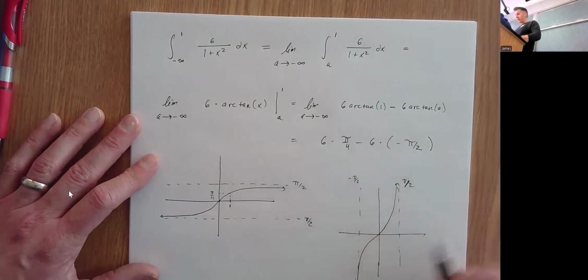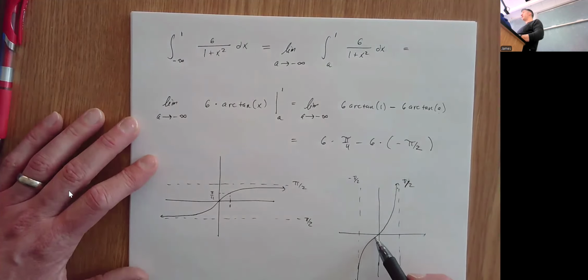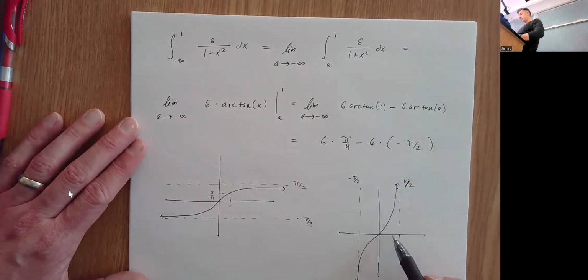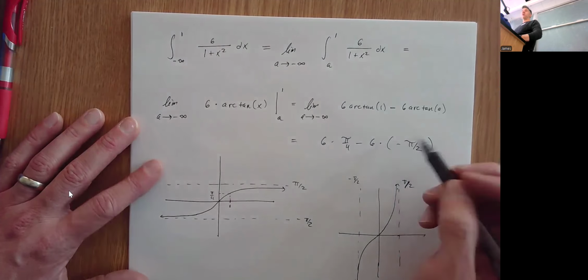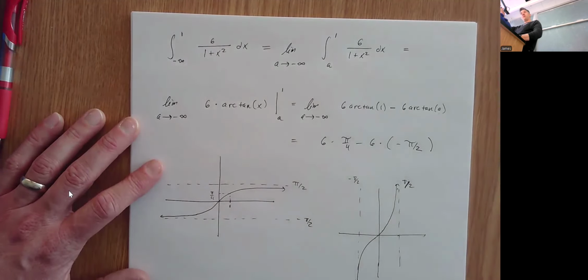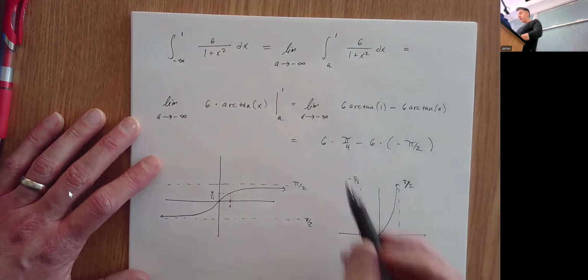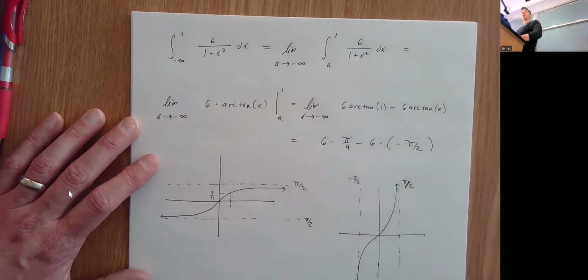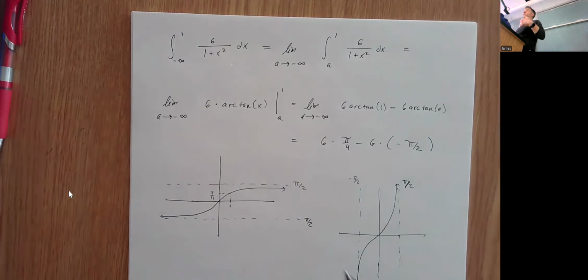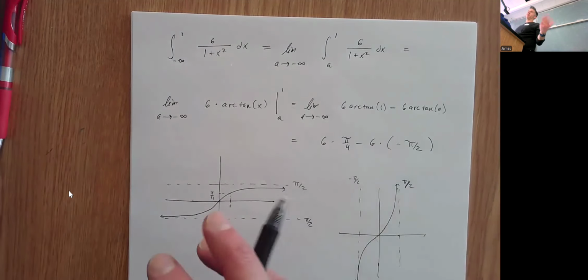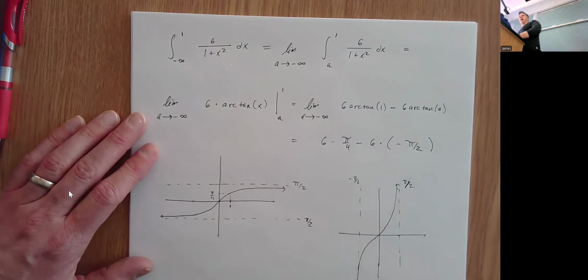As you take tangent of angles closer and closer to pi over 2, the output values get larger and larger. So if you interchange the input and output with the inverse function, then for the arctangent function, as the inputs get larger and larger, the outputs get closer and closer to pi over 2. I was talking about positive ones there, but the same thing is true for the negative pi over 2 part.